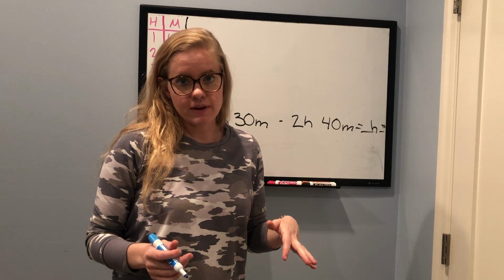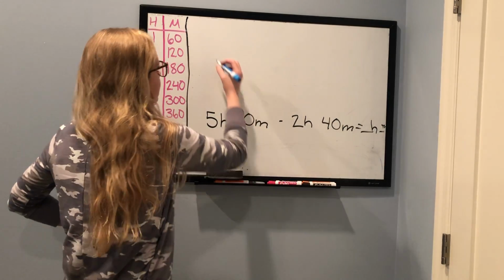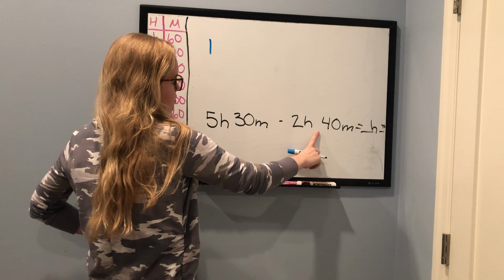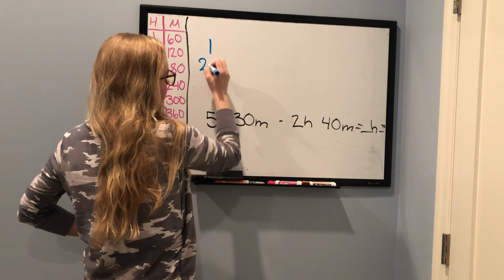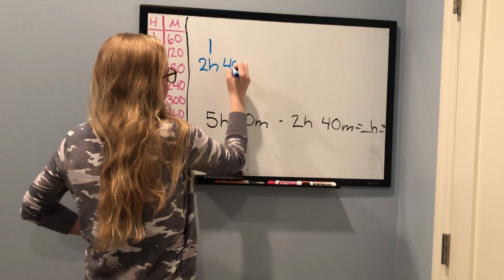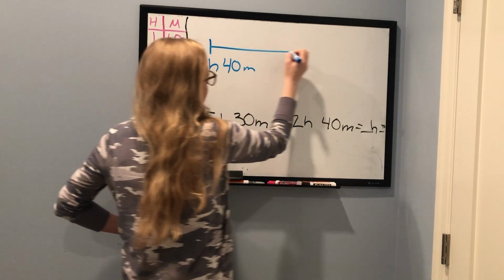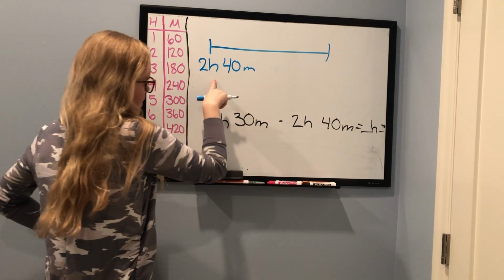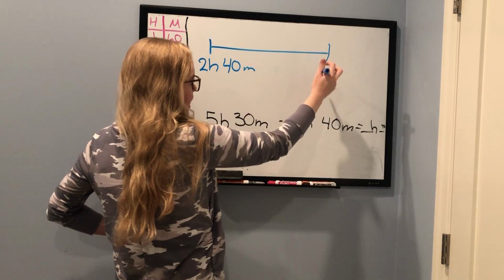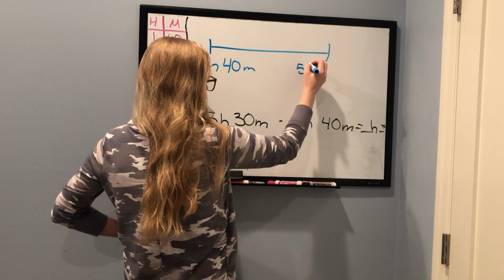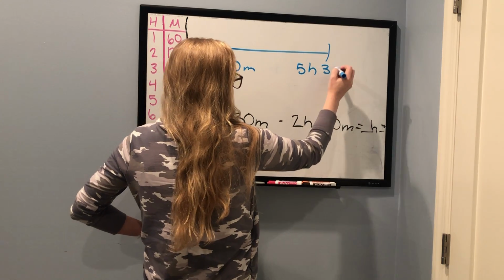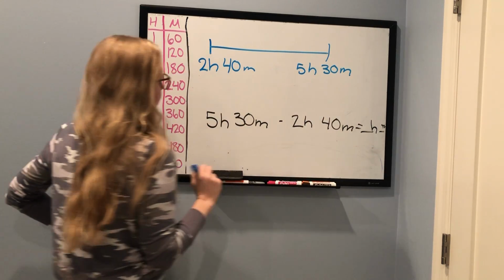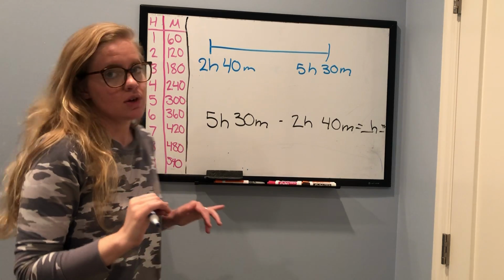I'm going to use a number line. I'm going to start by putting my smaller number here, 2 hours, 40 minutes. We are looking for the difference between this time and the end time, which we know is 5 hours, 30 minutes. Here's my strategy.